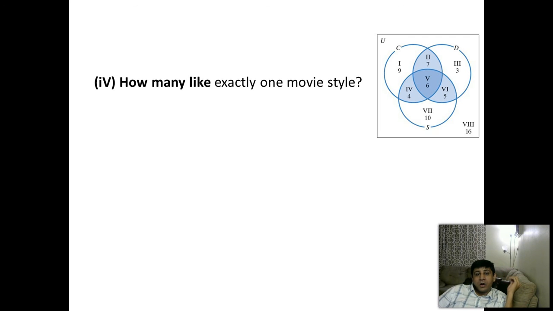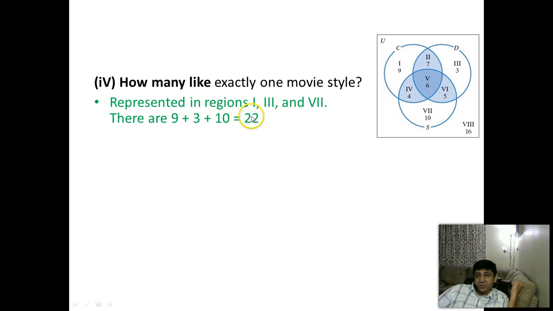We are looking for those regions which have absolutely no overlap: this region, this region, and this region. So 9 people only like comedies, 3 people only like dramas, and 10 people only like science fiction. Add them up, and people with exclusive taste are 22. That is the sum of the numbers in these three regions.